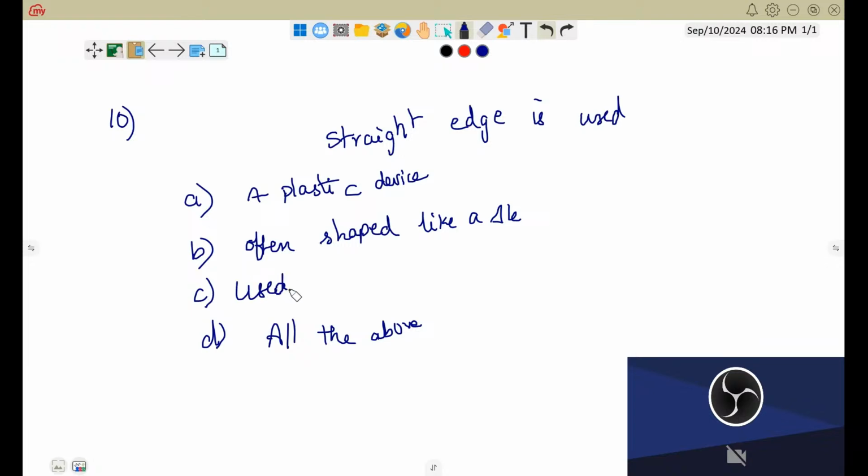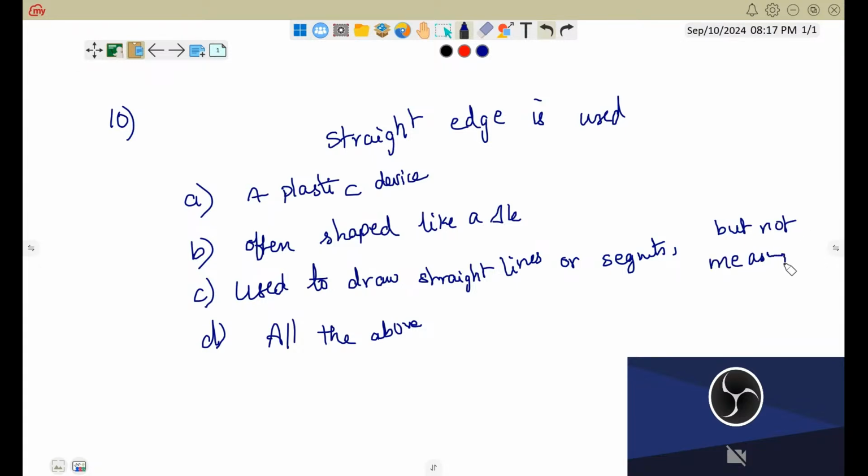Why do we use the straight edge? To draw straight lines. Only straight lines? No. Sometimes line segments also we can draw, but it is not used for measuring. Okay. So the correct option is C.